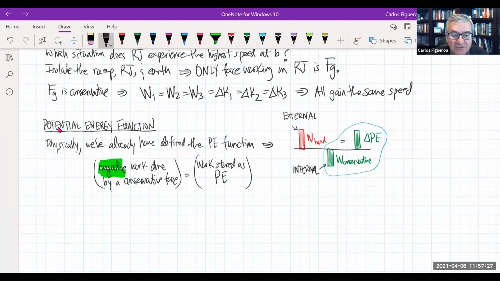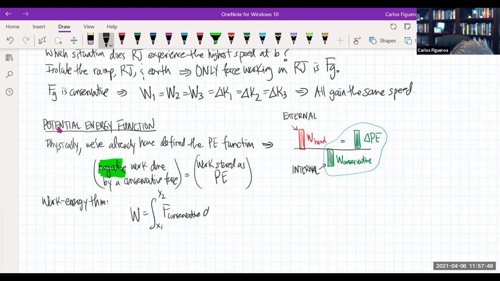So then let's write this out mathematically. From the work energy theorem, what do I see? Well, I see that I have work. That work, as I go from one location to another, is about the conservative force, and I'm integrating it over this thing.